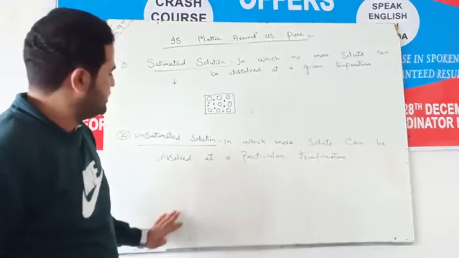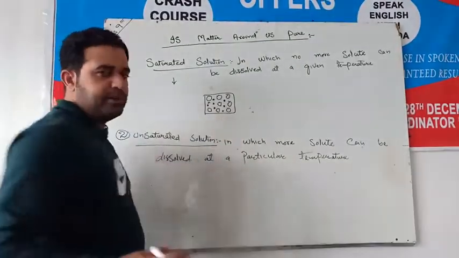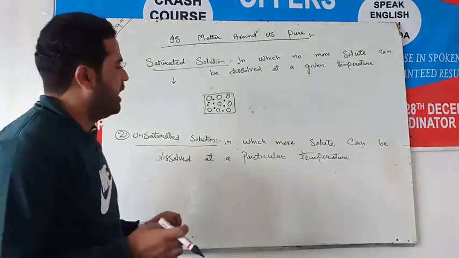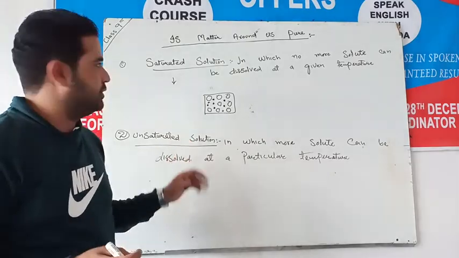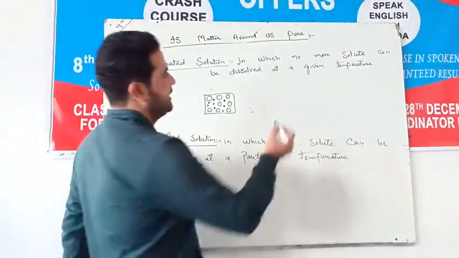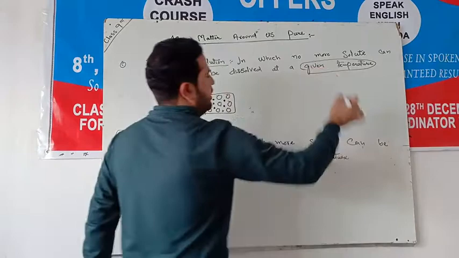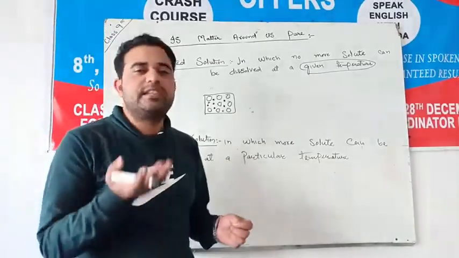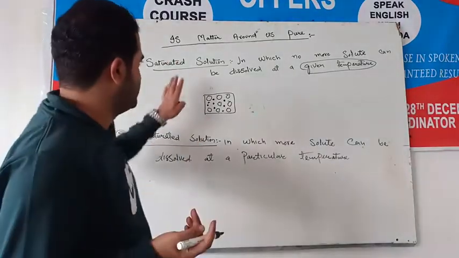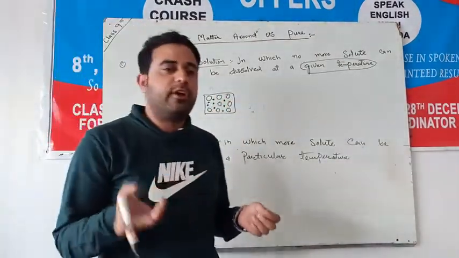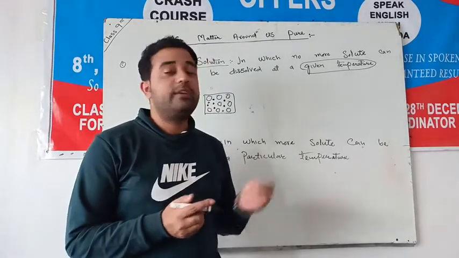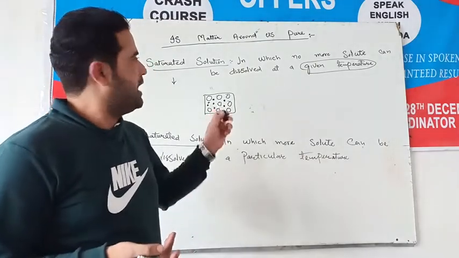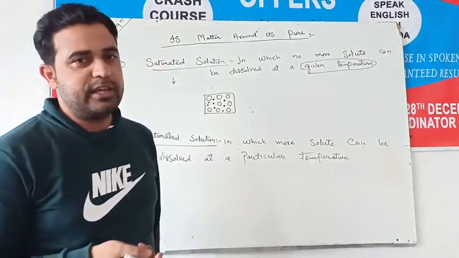In unsaturated solutions, there is space between the solvent molecules, so we can add more solute particles. It has been shown experimentally that when we increase the temperature of a saturated solution, in which we cannot dissolve more solute, and we apply heat, this saturated solution becomes unsaturated.